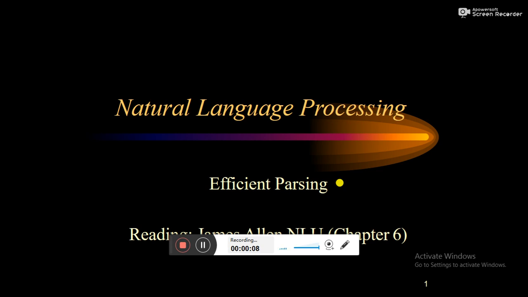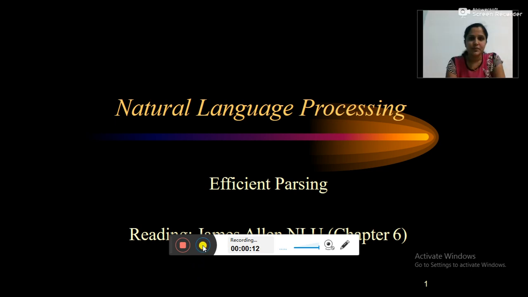Today I will let you know about efficient parsing. Up till now you are aware of how parsing is done in natural language processing. For that we have discussed various concepts like simple top-down and bottom-up parsing strategy for parsing sentences in natural language processing.